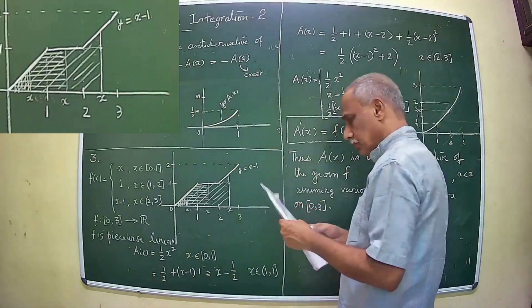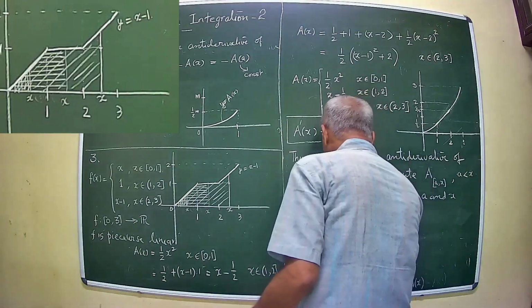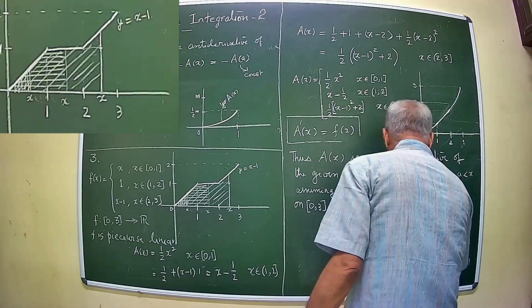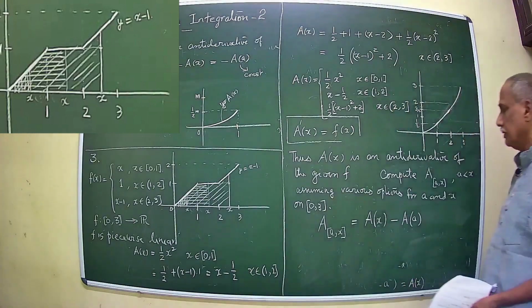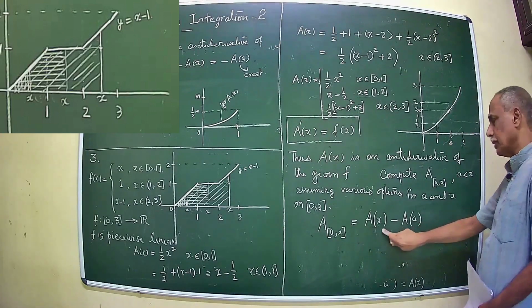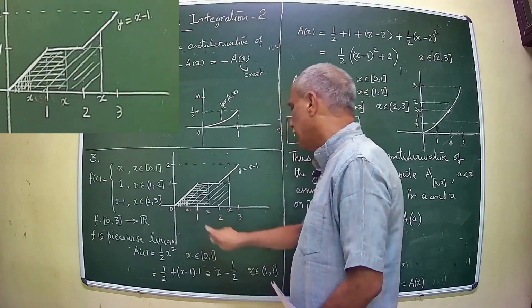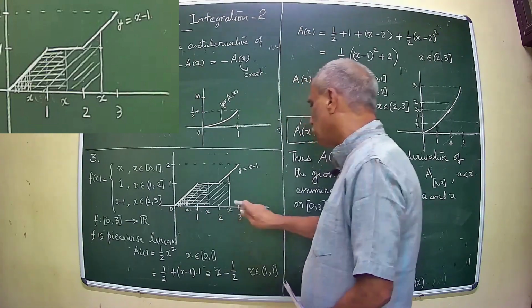I leave it to you. Once again, you are left with this result. Now, a word of caution: the A(x) that we have to use. Suppose you are taking a in the first interval, that is 0 to 1, and x in the interval 2 to 3.